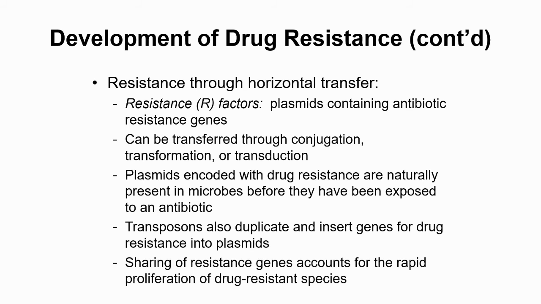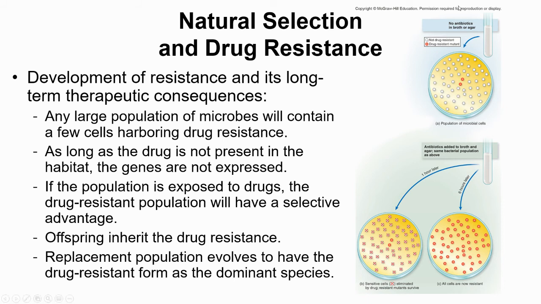There are plasmids encoded with drug resistance that are naturally present in microbes. That must be present before the bacteria is exposed to the antibiotic, and then it can be passed on. Transposons can actually duplicate and insert genes for drug resistance into plasmids, and then we can spread those through these horizontal gene transfer methods.